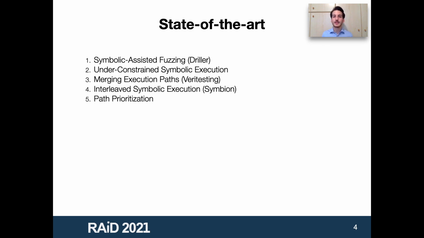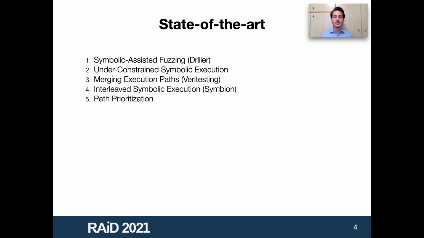Under-constrained symbolic execution allows executing only parts of the target application, giving up the replayability of the bugs that are detected in exchange for scalability. Merging execution paths can over-approximate and merge different states in the symbolic execution engine, while interleaved symbolic execution can bring a human analyst in the loop in order to combine concrete analysis with symbolic analysis.